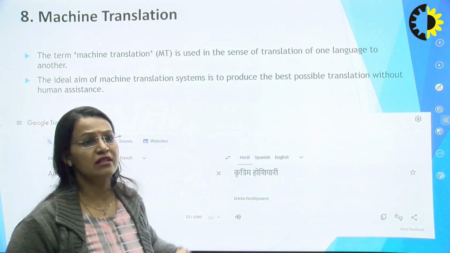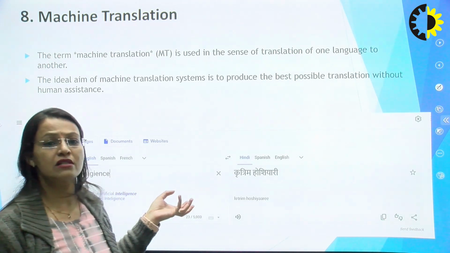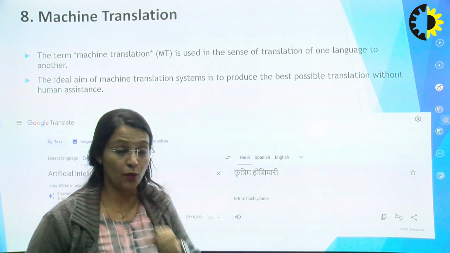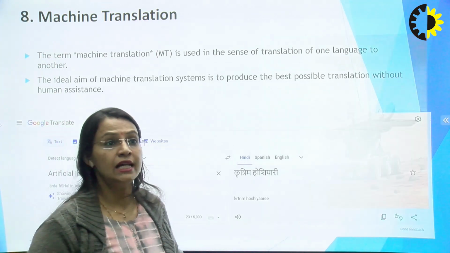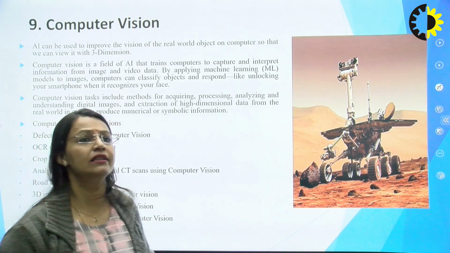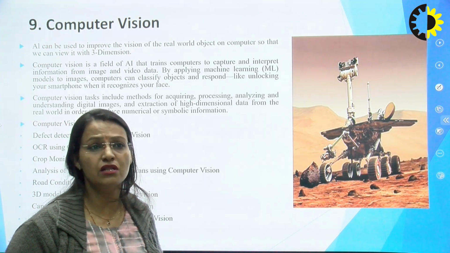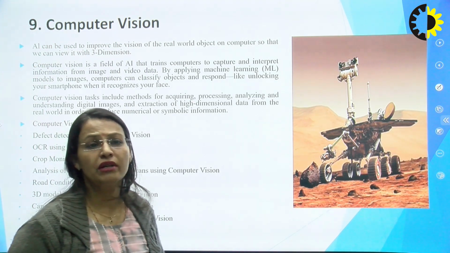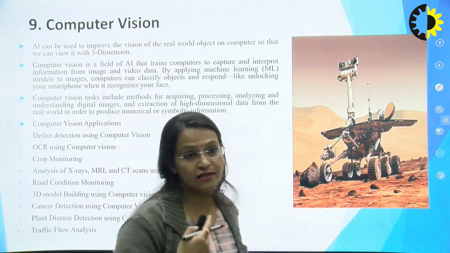Next is machine translation. I have already told you that Google Translate is the common example of this. That means the machine translates from one language to another. Then the next is computer vision. This is the field of AI in which the computer captures and interprets information from images and video data. The most common example is unlocking our smartphone, which recognizes our face.